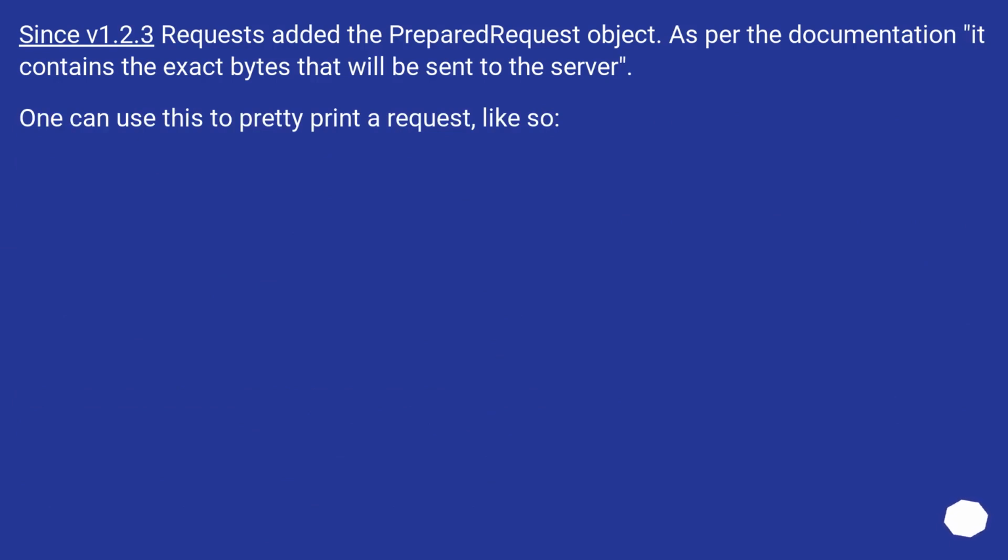Since v1.2.3, requests added the prepared request object. As per the documentation, it contains the exact bytes that will be sent to the server. One can use this to print a request, like so.